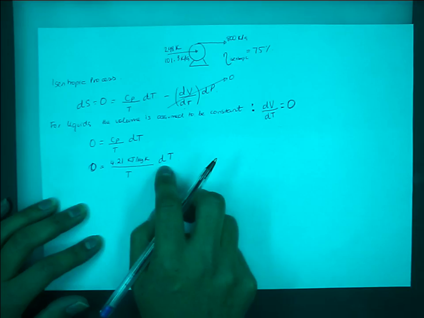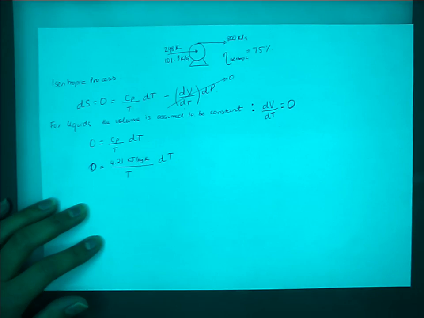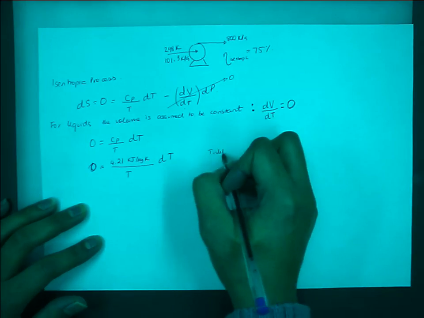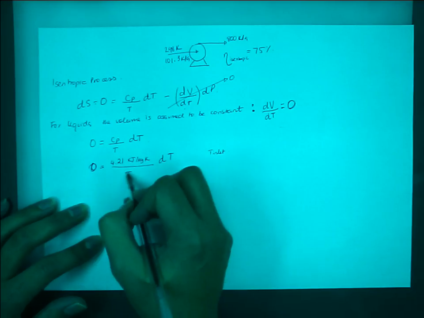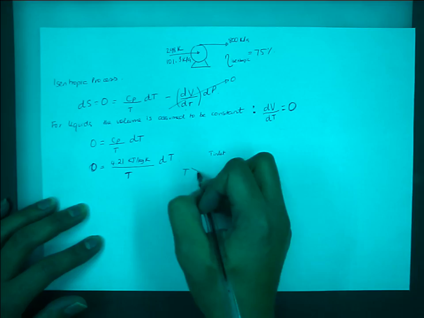Therefore, in order to get 0, what needs to be 0 here in this equation? dT needs to be 0, right? And if dT is 0, what does that mean? No changes in temperature. So that will be temperature of the inlet equals temperature of the outlet.